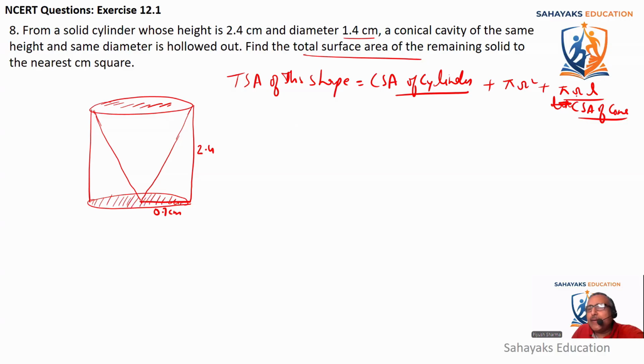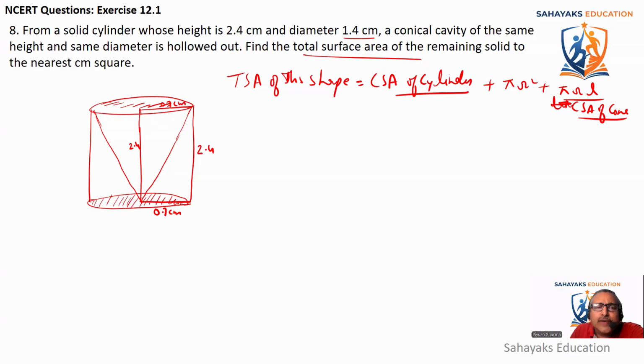So for finding pi r L, we need to first find L. So how will you find L? If we make a height here and radius here, this is 2.4 centimeter and this is 0.7 centimeter.